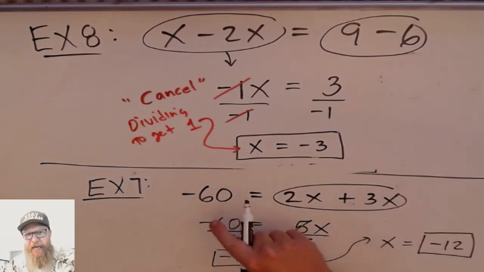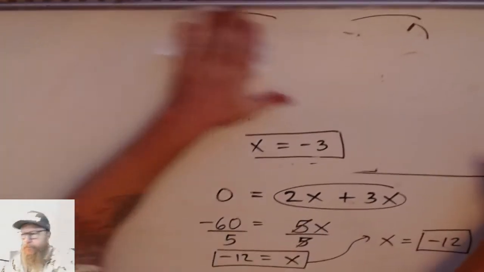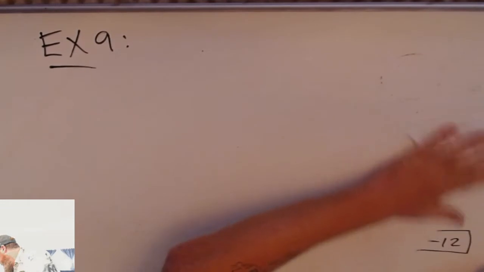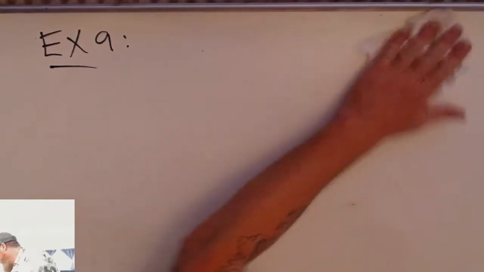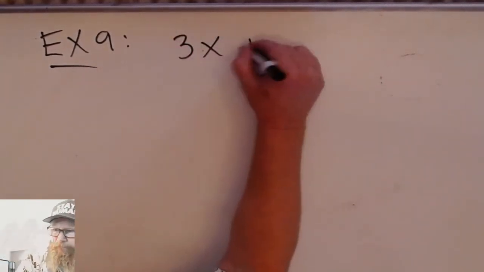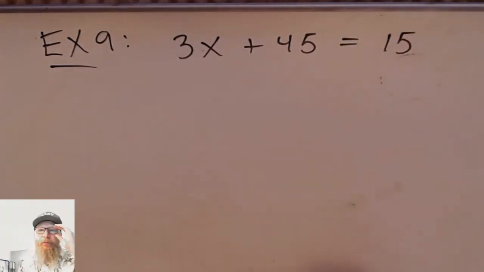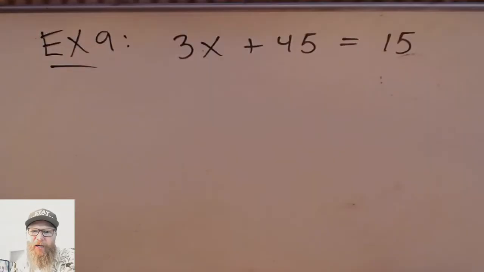Let's do one more of these, and then we'll move on to the multiplication principle. So 3x plus 45 is equal to 15. Now we have like terms, but they're on opposite sides of the equal sign.